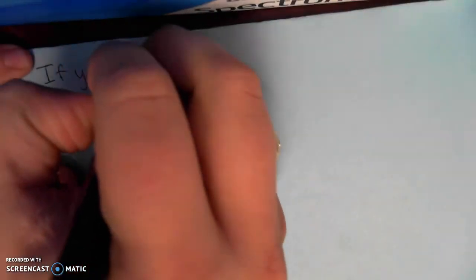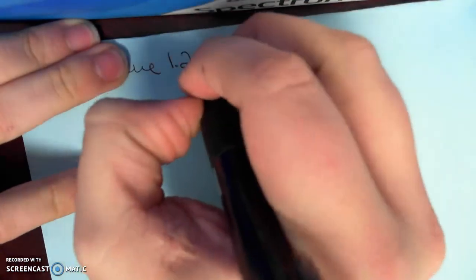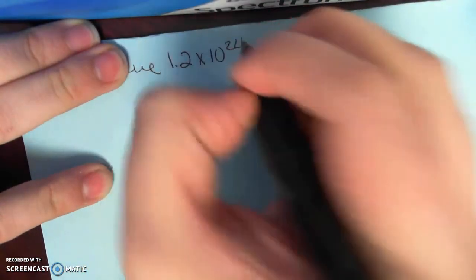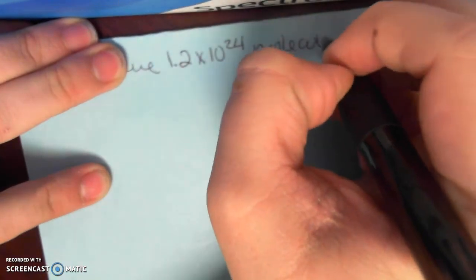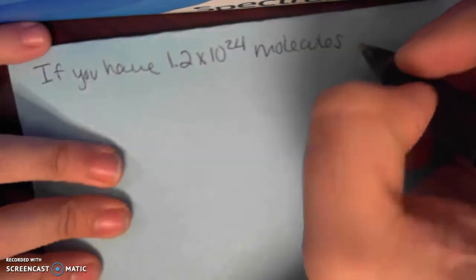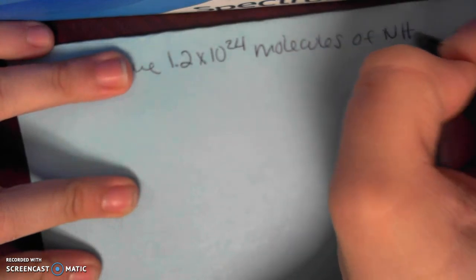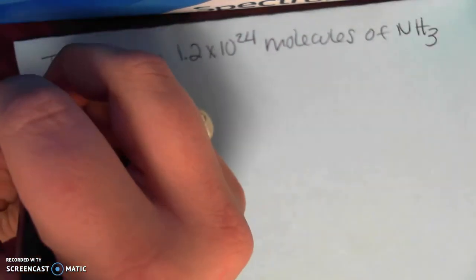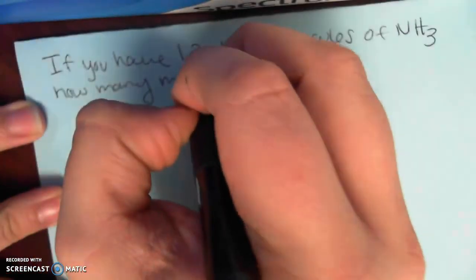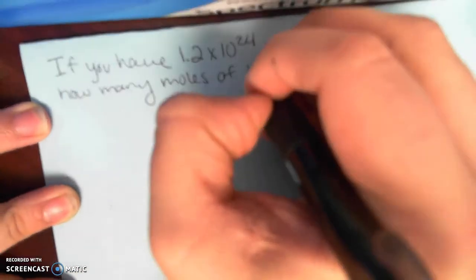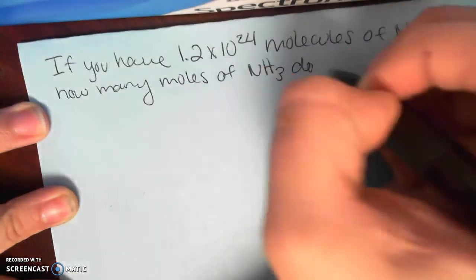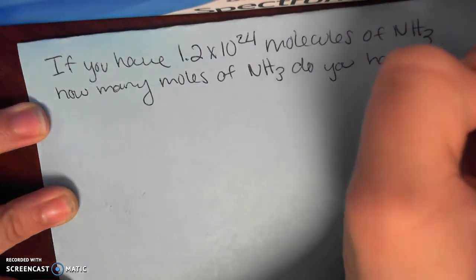Okay, so this next problem that we're going to do is saying, if you have 1.2 times 10 to the 24th molecules of NH3, how many moles of NH3 do you have?